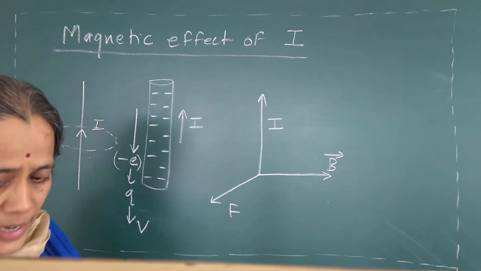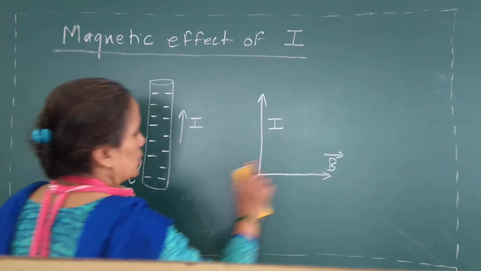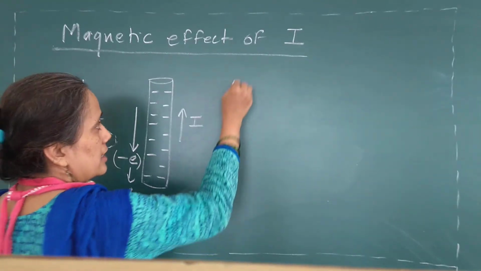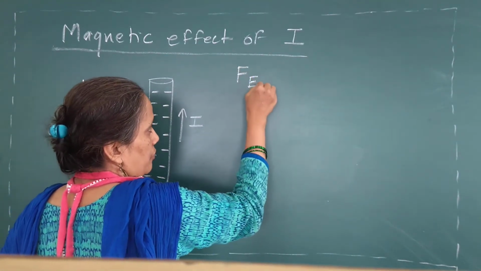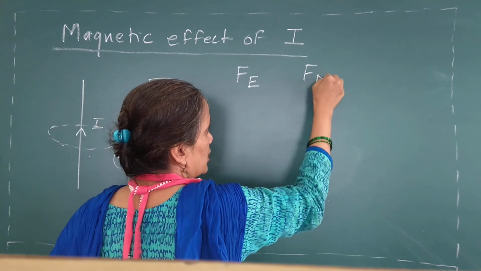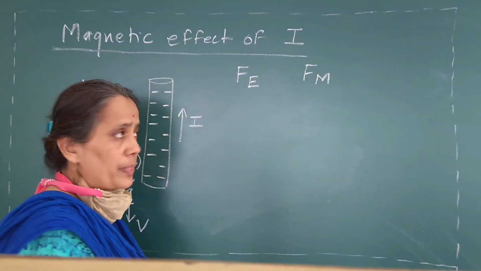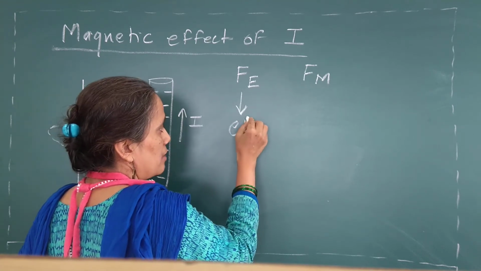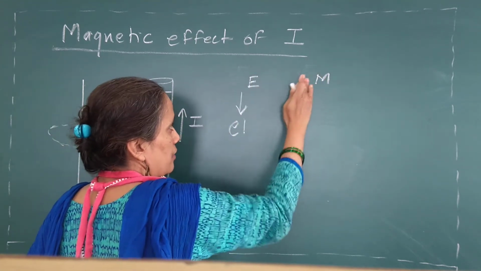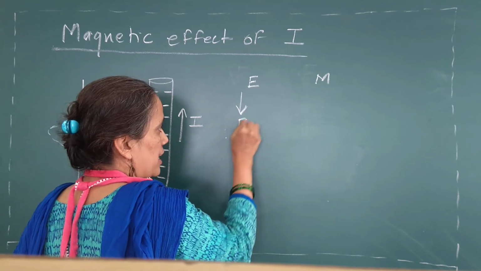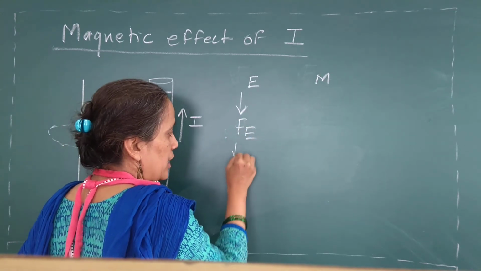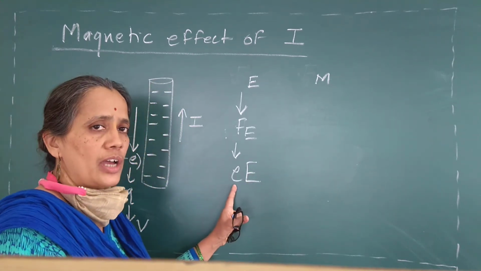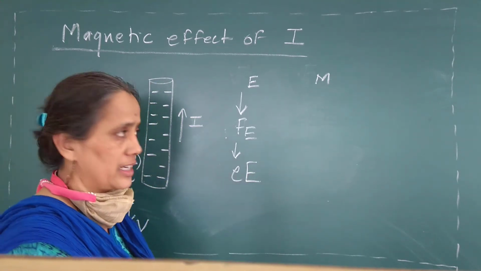Now, whenever a current is flowing through a conductor, the conductor is under the action of an electric field and also under the action of a magnetic field. Due to the electric field, the force exerted is Fe, whose magnitude is e into capital E, where e is the charge on the electron and capital E is the electric field.